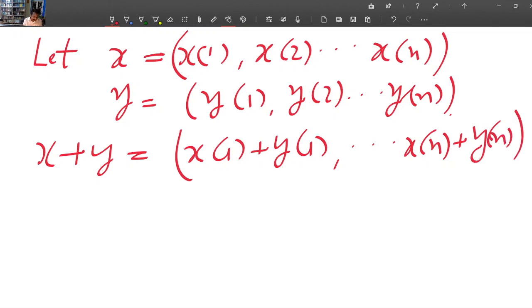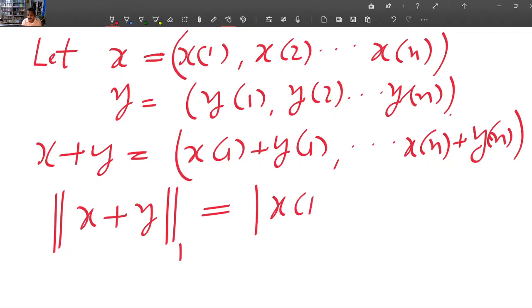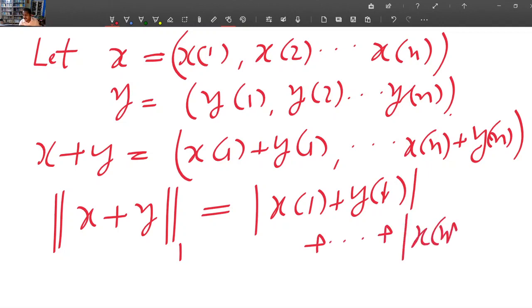So you consider the 1 norm of x plus y. By definition, this is equal to modulus of x of 1 plus y of 1 plus etc. plus modulus of x of n plus y of n.